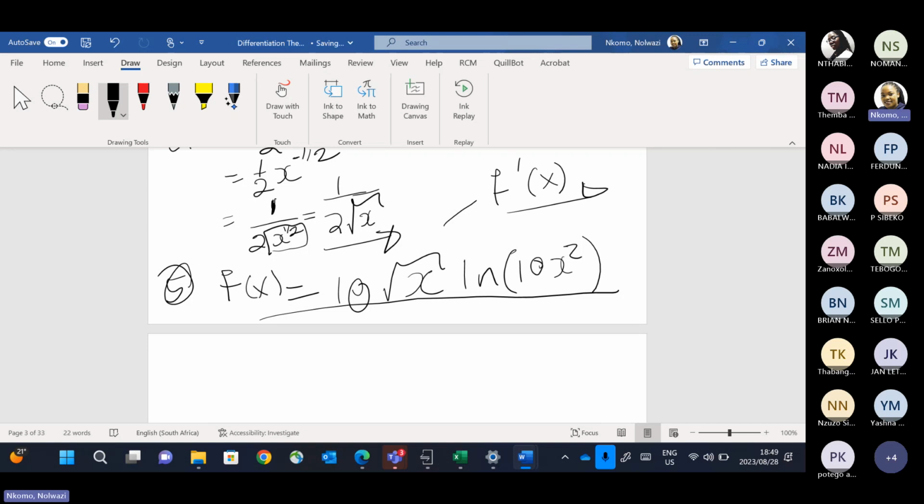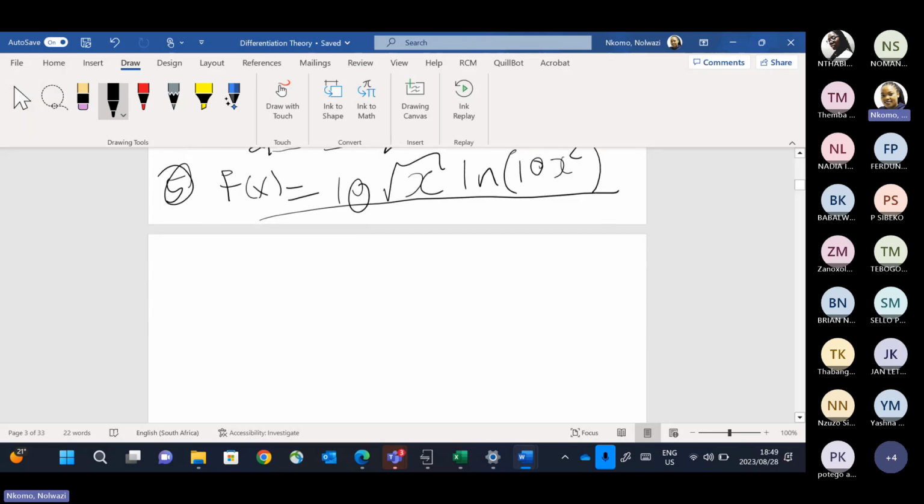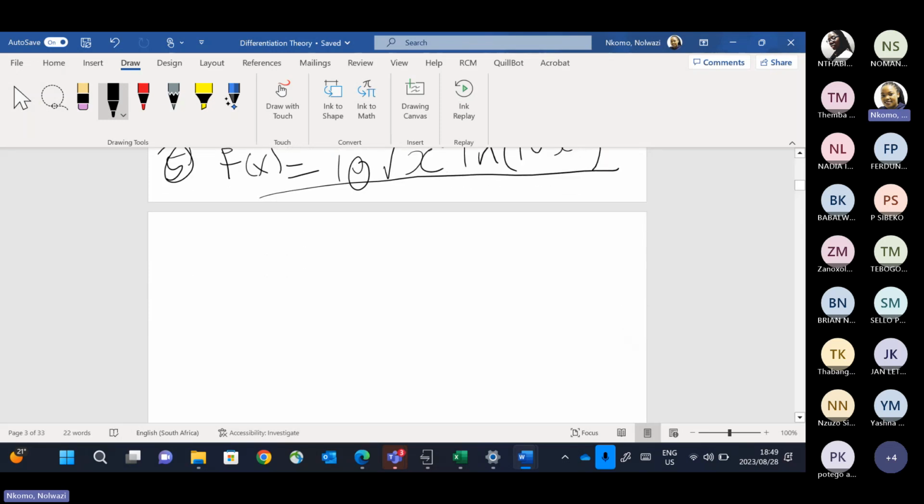Okay. Before we move on to the quotient rule, do we have any questions on the product rule? I guess not.